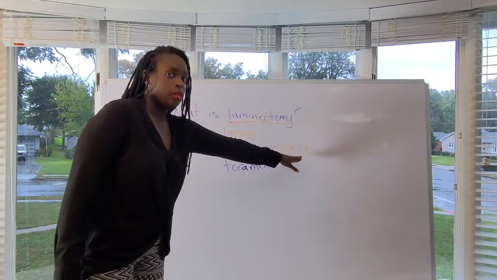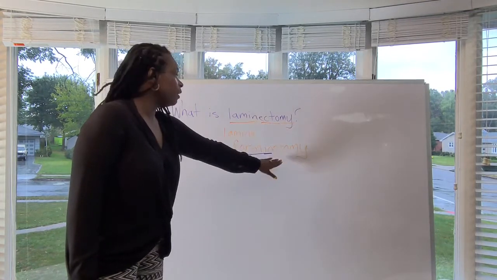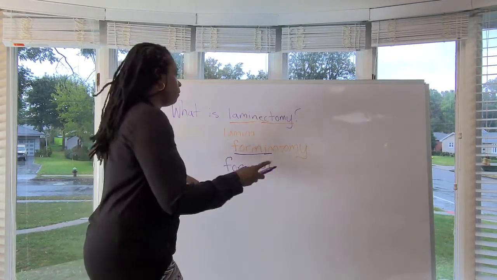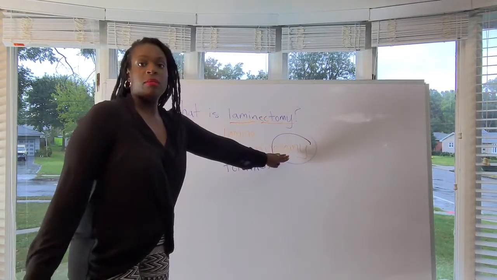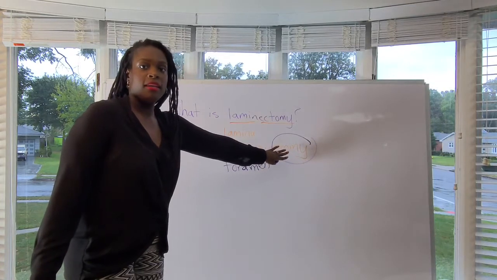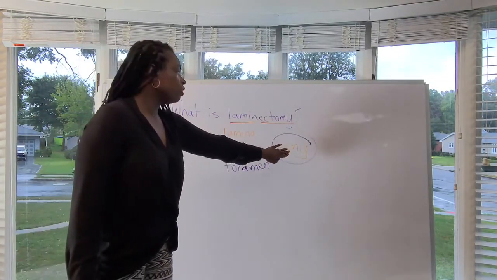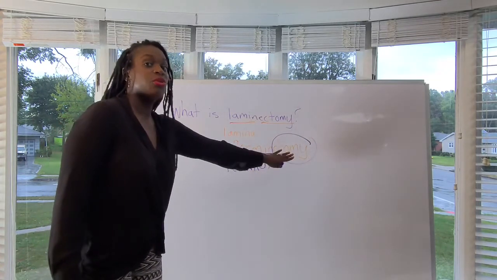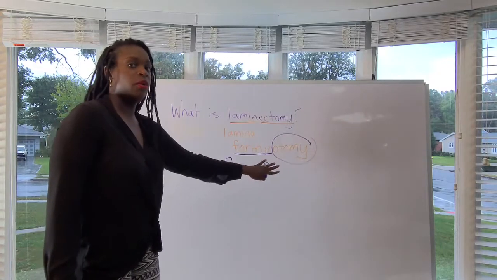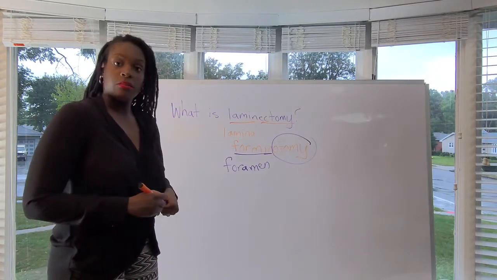O-T-O-M-Y, otomy, which is different from ectomy, simply means to open, okay? So I also had this done, which again means to open the foramen, to open the hollow passageway or the hole, which is another form of decompression.